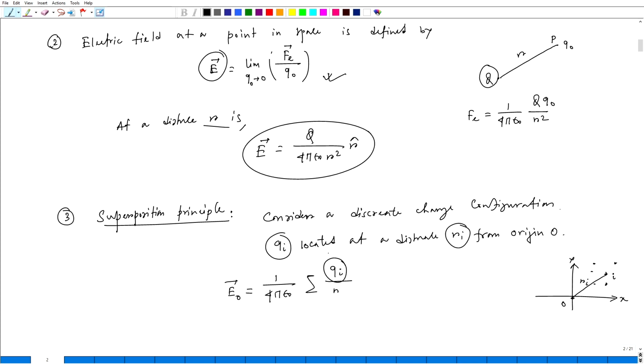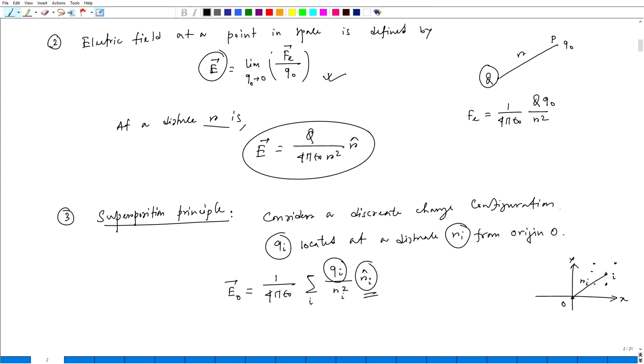This Qi includes the sign. Ri hat is a unit vector in this direction. Ri are scalar quantities, but this one is a vector, so we add them as a vector sum. We will discuss this in great detail in the class, and we will solve some problems.